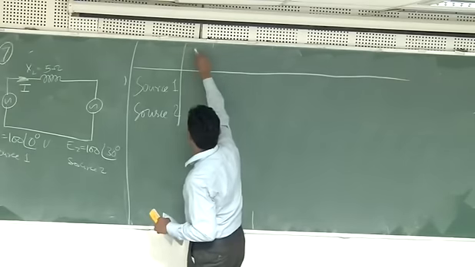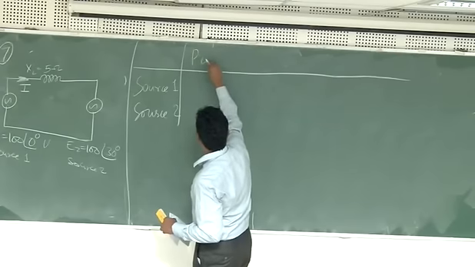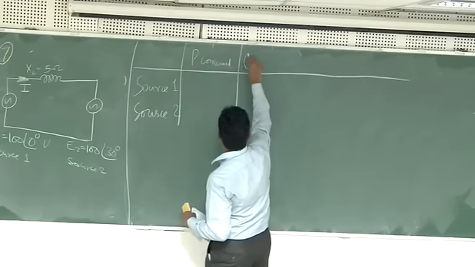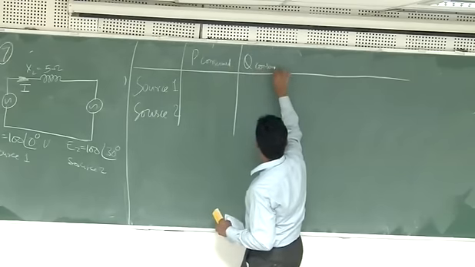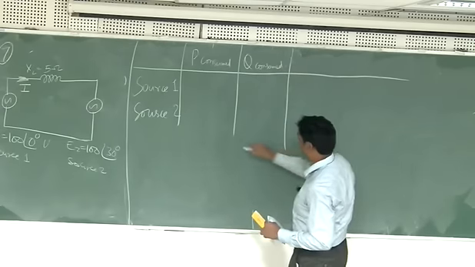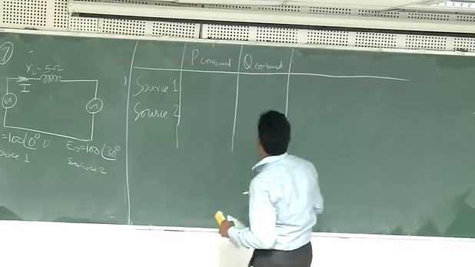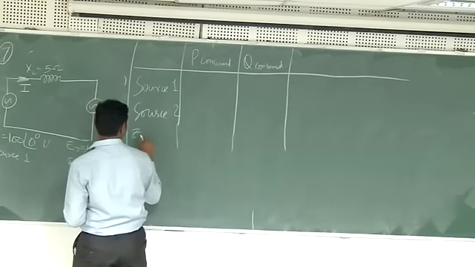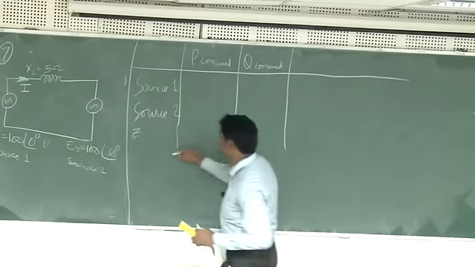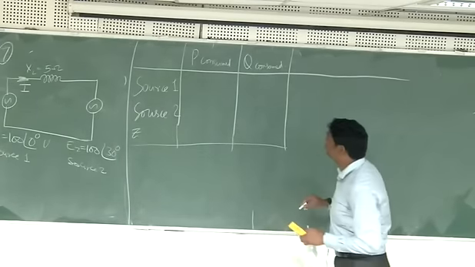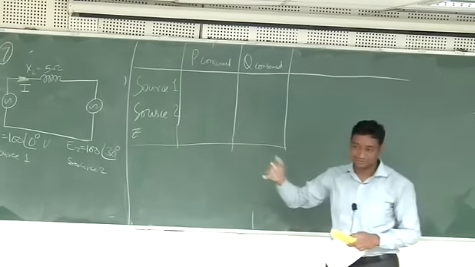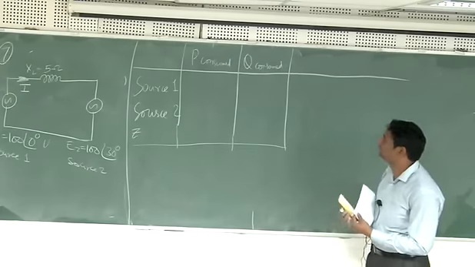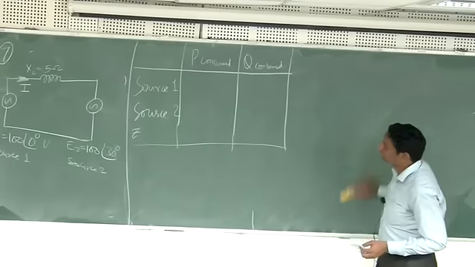The question is like this: P consumed, okay, Q consumed, and then even our impedance, okay, what is the P consumed and Q consumed. So if it is supplied, then it is minus, and if it is consumed, then it is plus. So you can think about that like that. I think this much is the question.